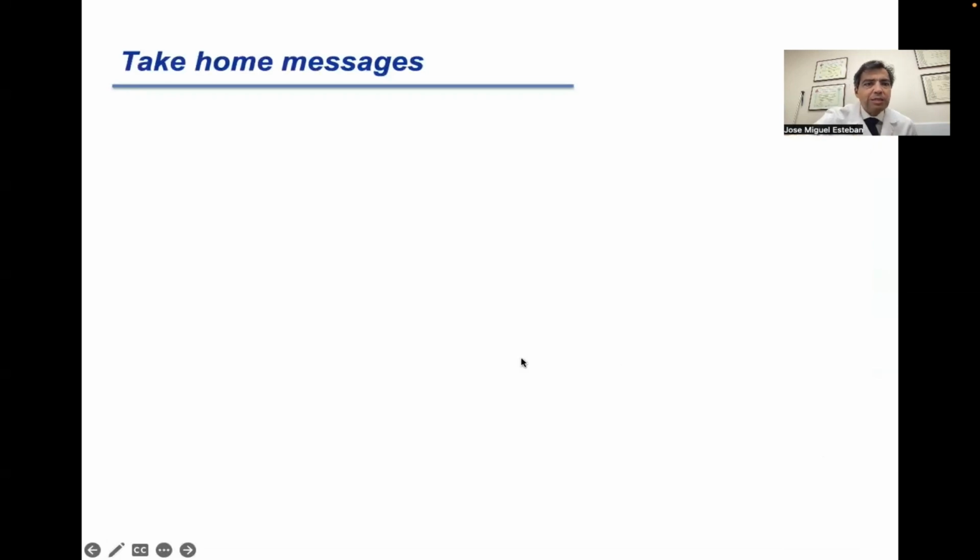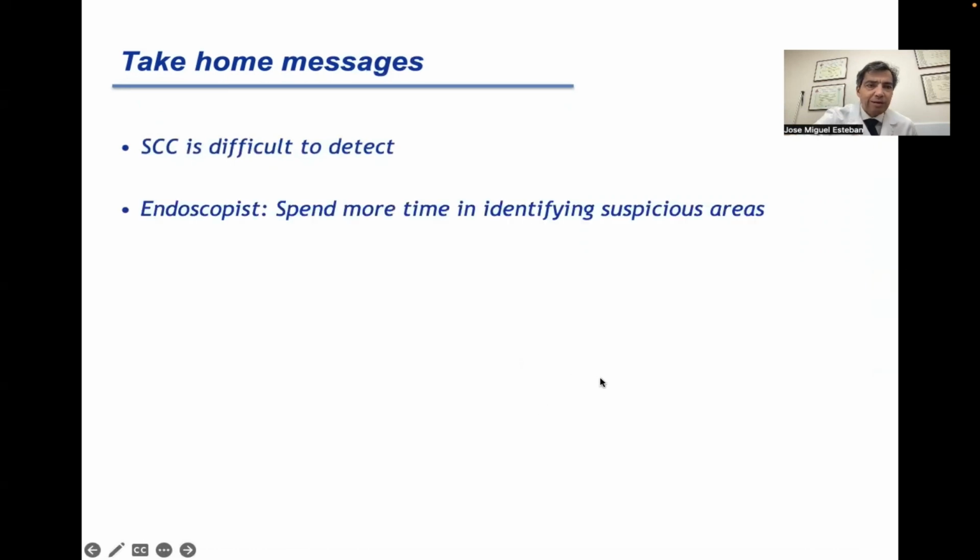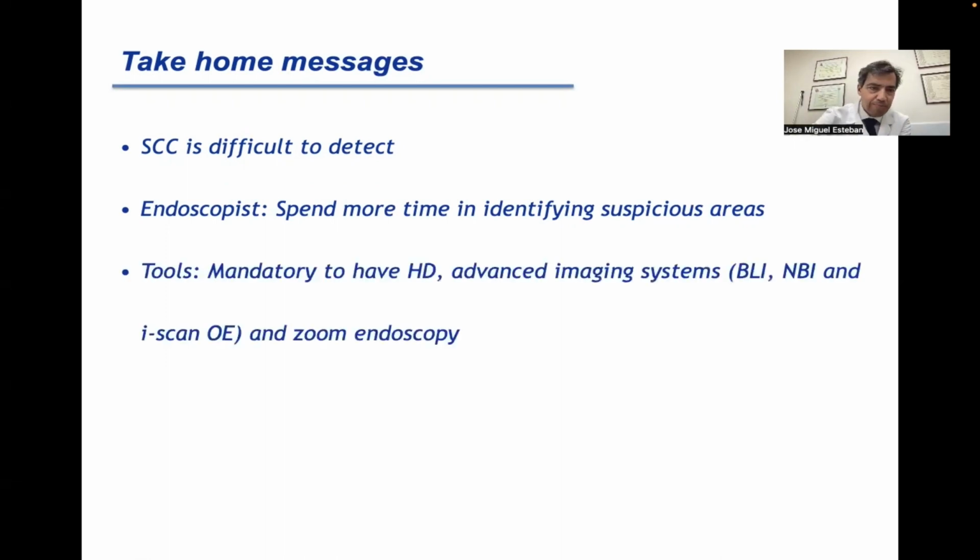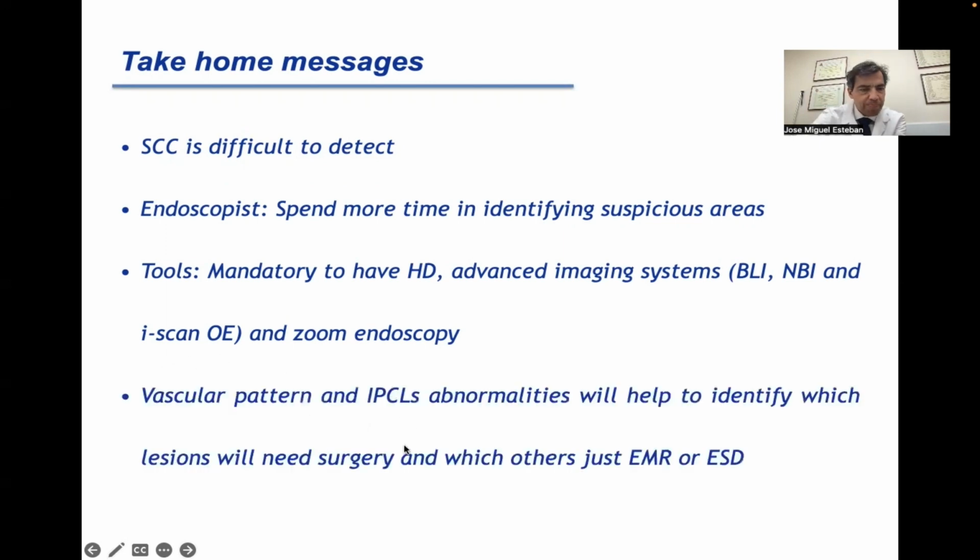As take-home messages, we need to remind that squamous esophageal cancer is difficult to detect. As endoscopists, we need to spend more time identifying suspicious areas. We need some tools. It's mandatory to have high definition, advanced imaging systems like BLI, NBI, and iScan OE, and zoom endoscopy.